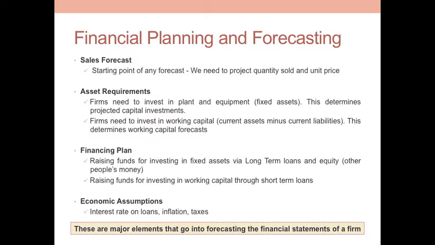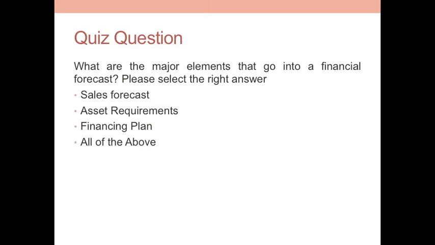Taxes payable to the government are determined by the corporate tax rate as well as something known as minimum alternative tax, and we can go into these deeper in finance class for those who are interested. The next quiz question is, what are the major elements that go into any financial forecast? And your options are sales forecast, asset requirements, financing plan, or all of the above.